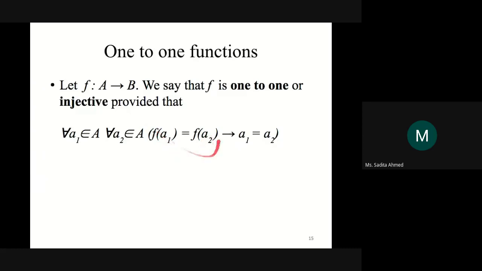If the images or the results are equivalent, the corresponding pre-images, the elements of the domain which gave you this result, must be equivalent as well. That is the condition for a function to be one-to-one.